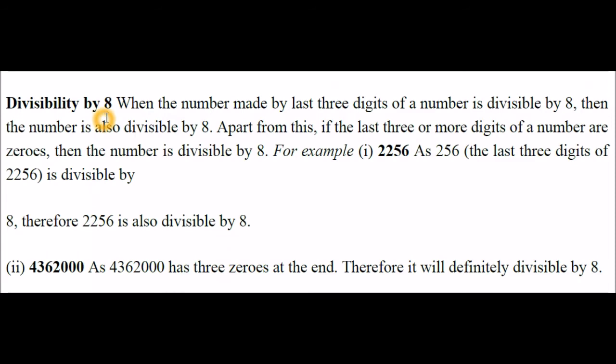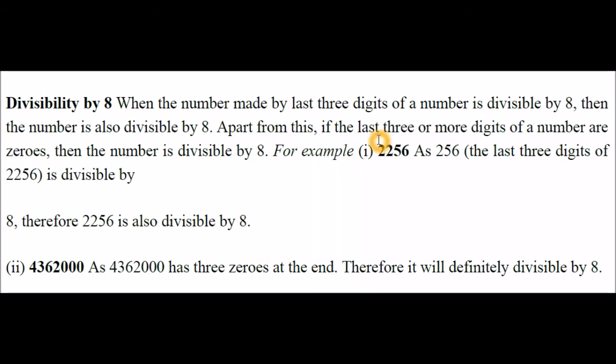Now, divisibility by 8. When the number made by the last 3 digits of a number is divisible by 8, then the given number is also divisible by 8. And one more condition for this.